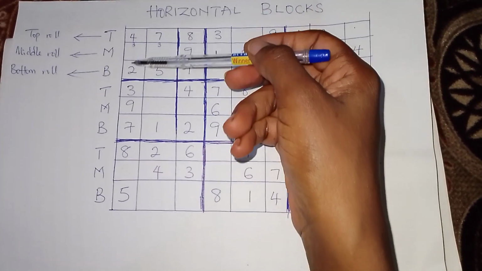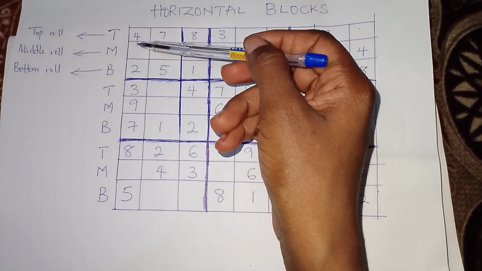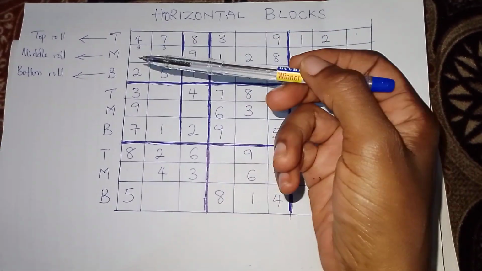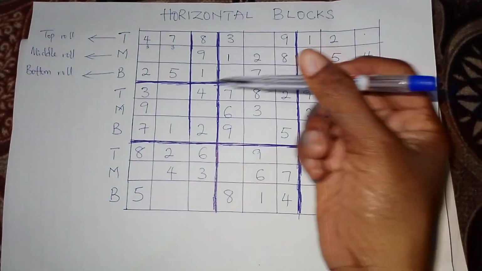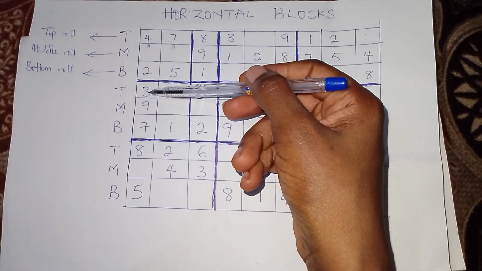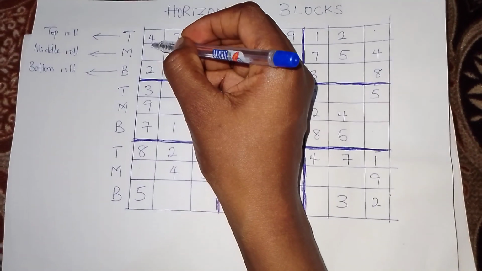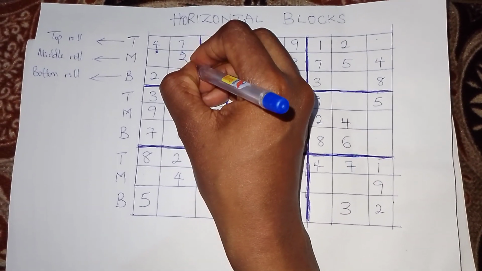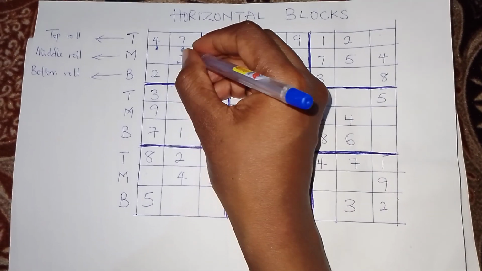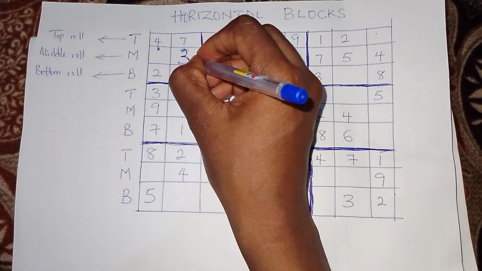If we can find a 3 in this column, then this 3 will not be here, because these numbers cannot be repeated on a column or on a row. Do you understand? So let's check. We can find a 3 here, so this 3 cannot be here, so we cancel that, and then we make this 3 bigger. Do you see it?